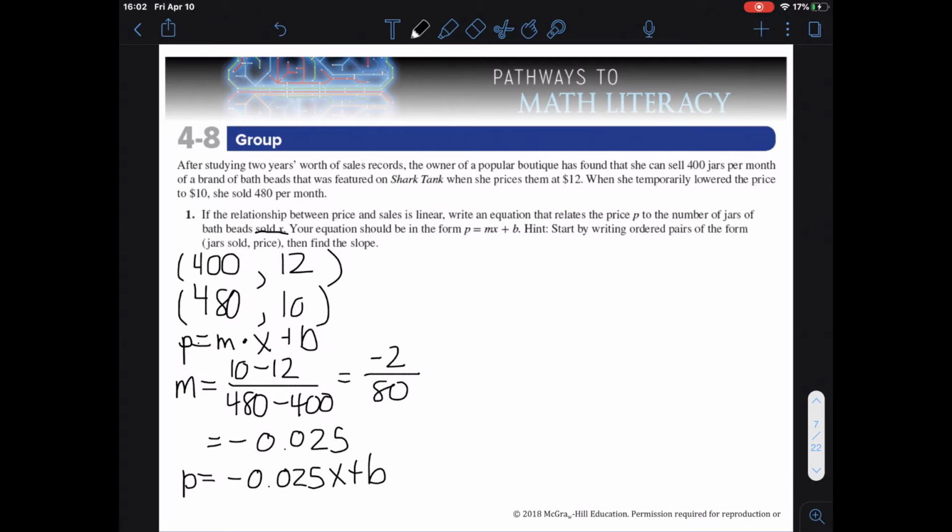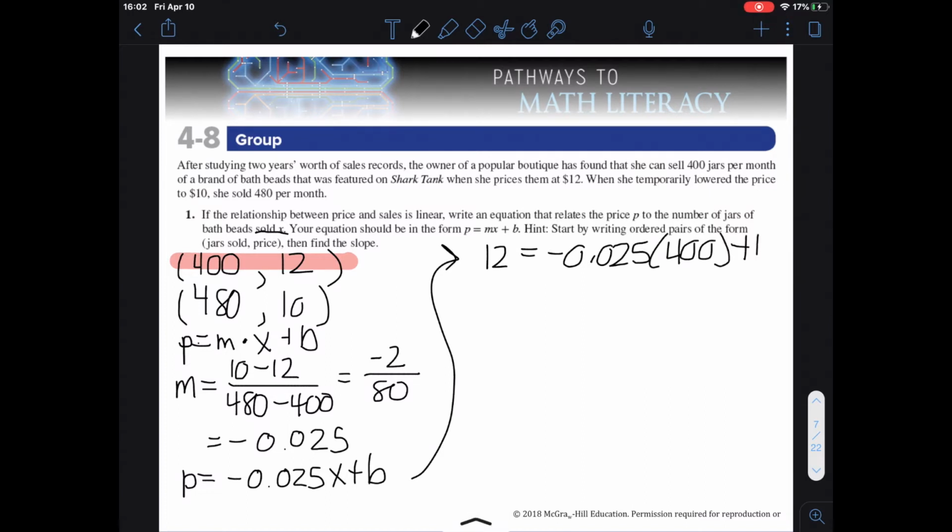So we can use either of these 2 points to find that value of b. I'm going to stick with this first point. The price is going to be 12 when we input 400. So we can solve this equation for b. When you multiply those out, this is 12 equals negative 10 plus b.